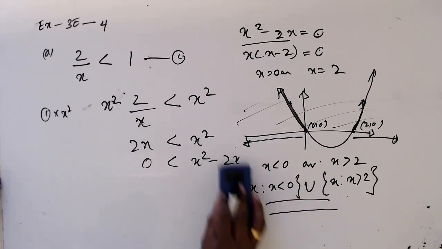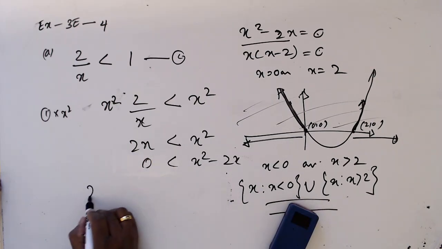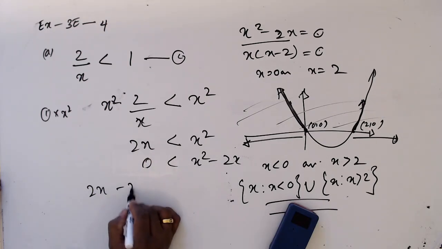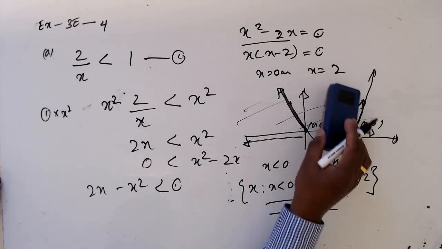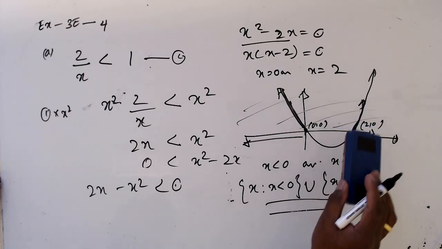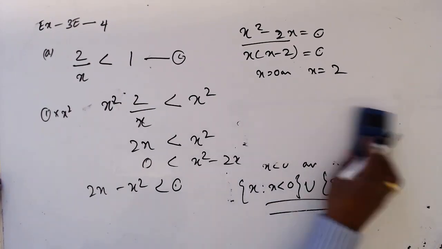Instead of taking 2x to this side, you can bring 2x as it is, and x square to here, less than 0. And now this is a maximum. This value is negative, so this is a maximum. You can work that way as well. The roots are 0 and 2, and this graph is going to be a different one.